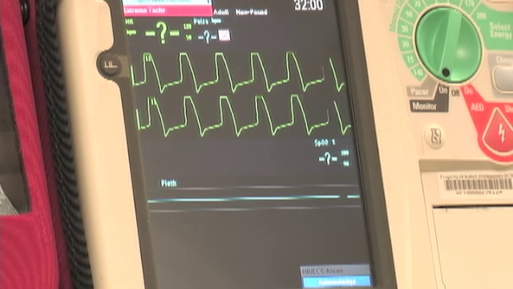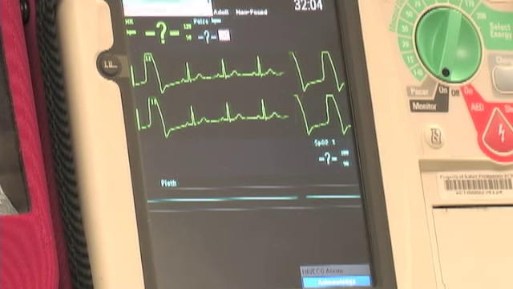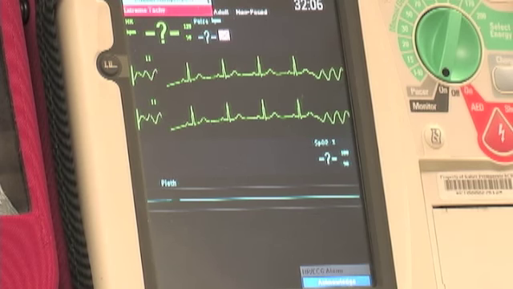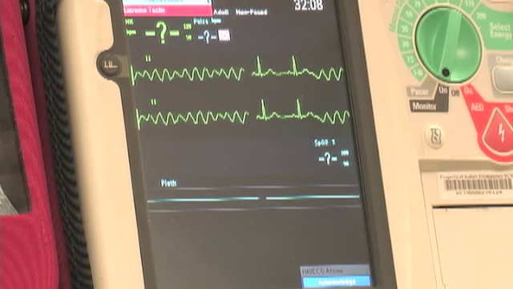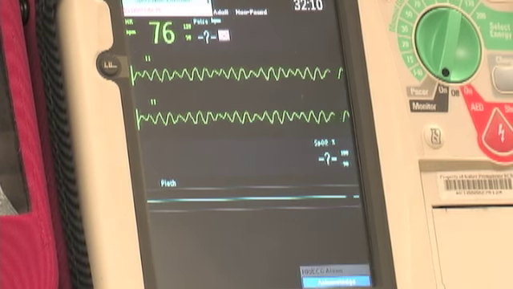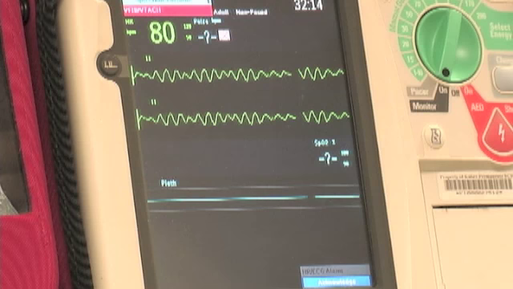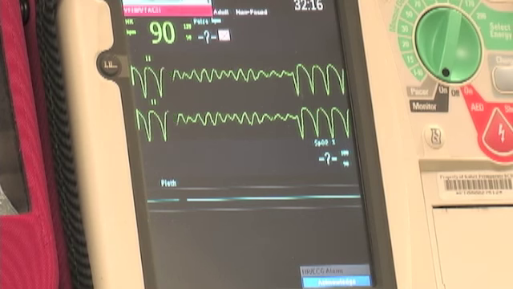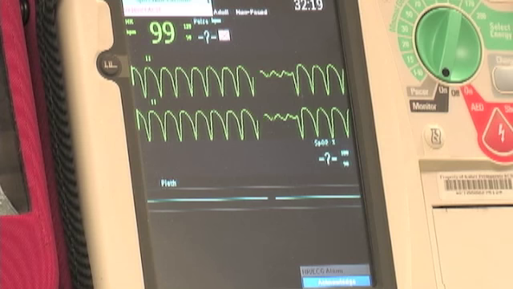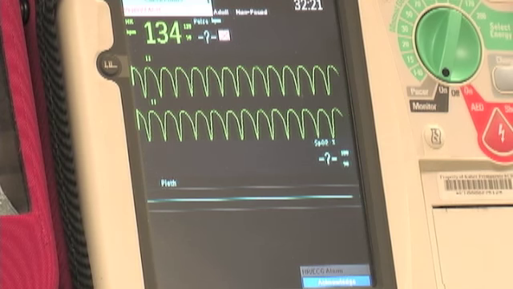Okay, one last review of the deadly rhythms. Deadly rhythm number 1, but the one we can do something about, is Vfib. Deadly rhythm number 2 would be this one, which is VTAC, and we'll call this VTAC without a pulse.